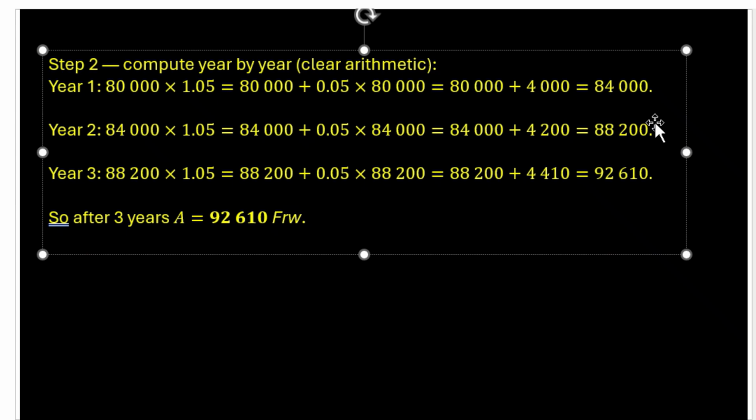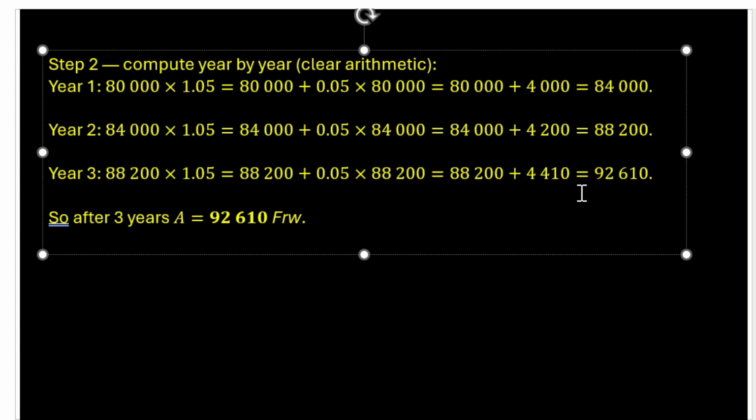This 88,200 for the second year you will be starting with in the third year, the last year that was given. So the principal of the third year will be 88,200, and then you multiply with the rate as usual.